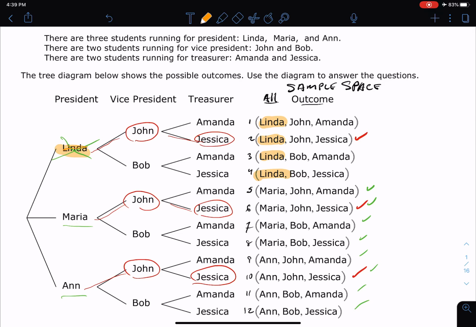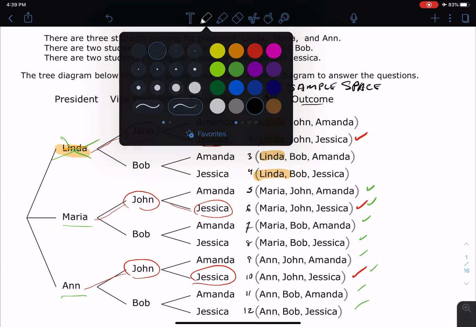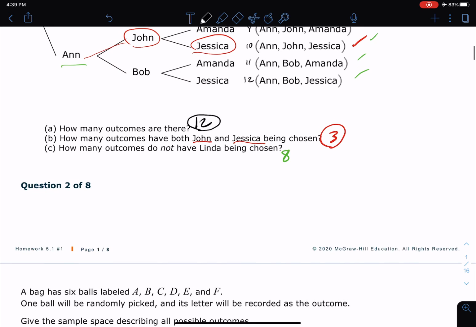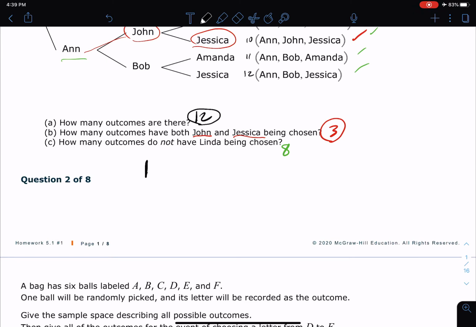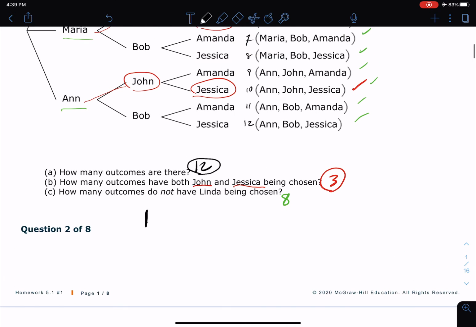So how many actually have Linda being chosen? Looks like 4. So we can also answer this question by saying the total is, I'm sorry, this is not a percent. You'd have to do the total sample space, which is 12, minus 4, which also gives us 8. So it kind of starts to give us this idea of these complements, right? If you want not Linda, you could actually say the total minus Linda.